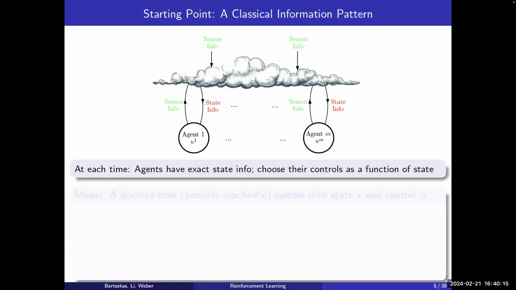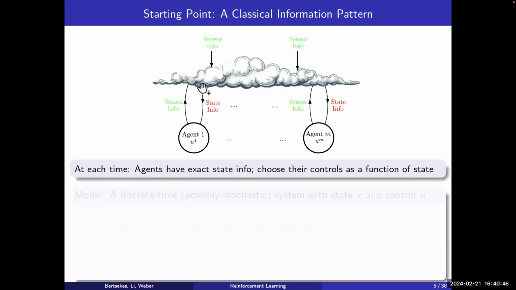For the classical information pattern, conceptually, you can imagine there is an information cloud that every agent has access to, both in terms of uploading information and downloading information. This means that regardless of how many agents there are in the environment, when each agent is making a decision, they all have the full picture of the situation.